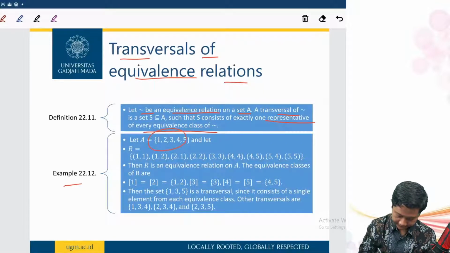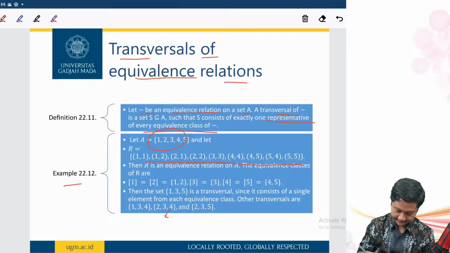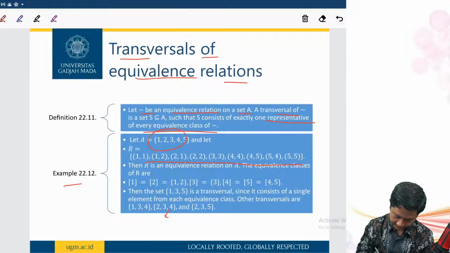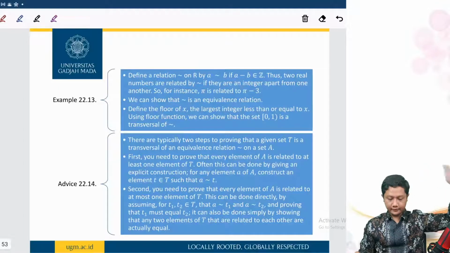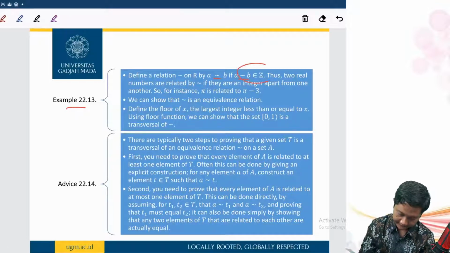When we have this and this, we can see the transversal can be 1, 3, 5, or 2, 3, 5, or 2, 4, 5, that's also okay. So just try to see the representative for each class. That's the idea.